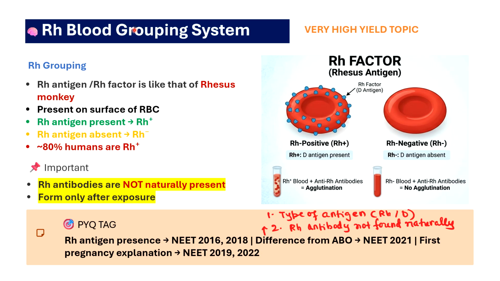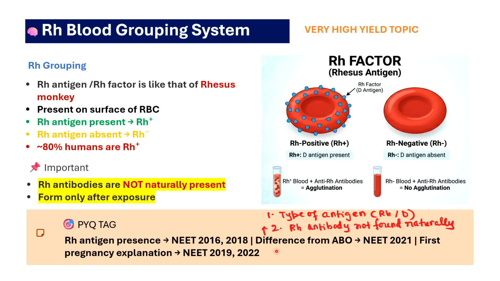That's how it derives its name. Now, if these antigens are present in the person, it is known as RH positive. If the RH antigens are absent in the person, it is known as RH negative. That answers this question. Now, 80% of humans, if you see, are RH positive.